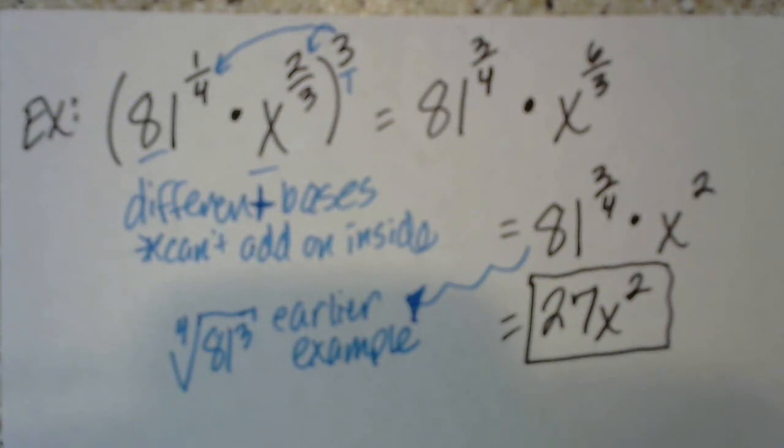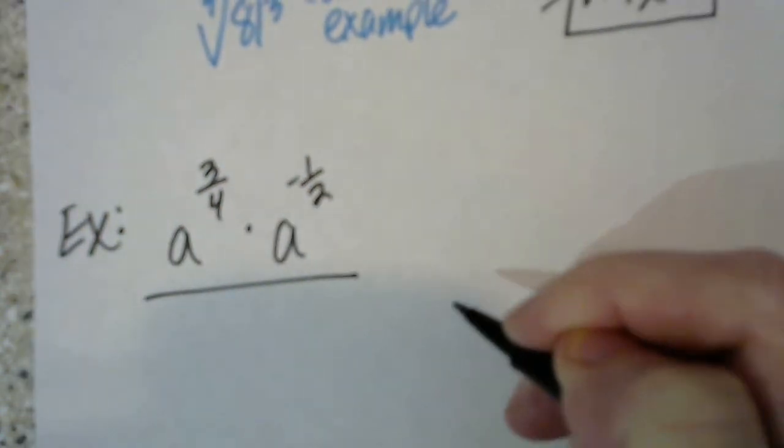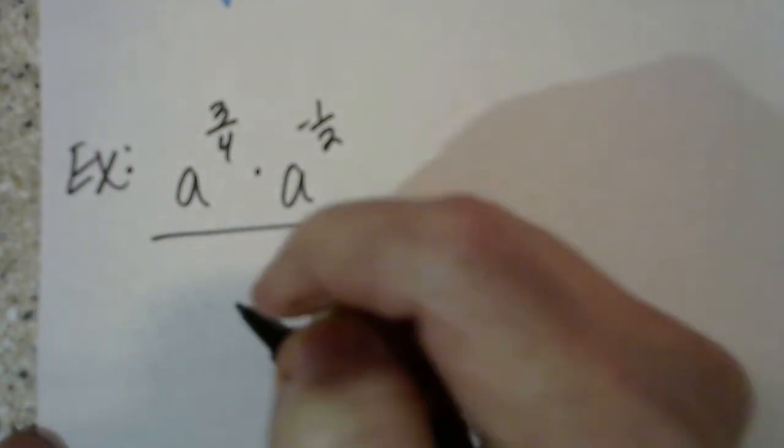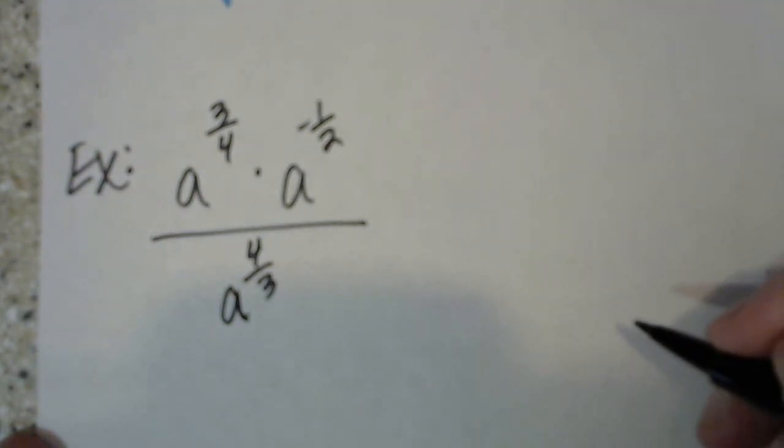All right, last example. This one takes a minute because they all have the same base. There's more we can do when they have the same base. So we have, for our last example, a to the 3/4 power times a to the negative 1/2 power all over a to the 4/3 power.